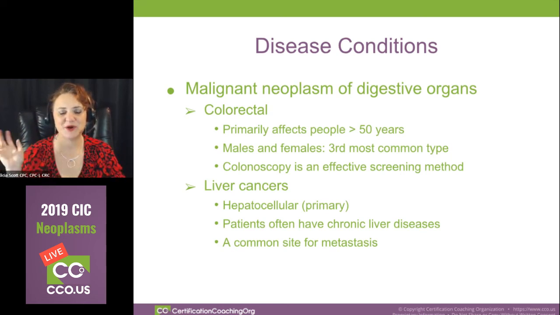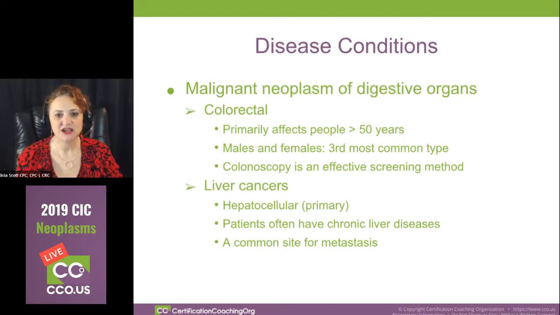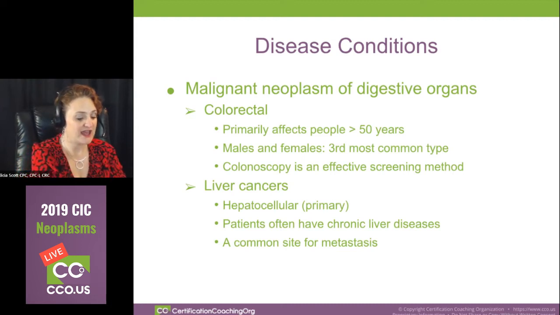But I don't know what color colorectal cancer is. You'll have to look that up. But we don't see people doing drives and everybody wearing pink for colorectal cancer, do we? Which is a shame.